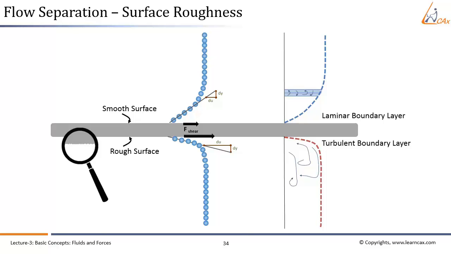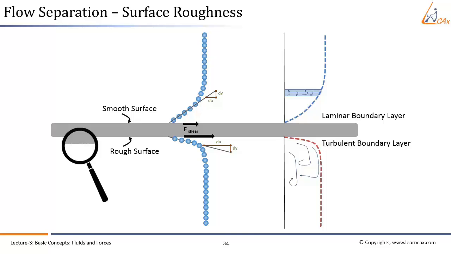Thus, there is an exchange of mass, momentum, and energy on a much bigger scale compared to a laminar boundary layer. As a consequence of intense mixing, a turbulent boundary layer has a steep gradient of velocity at the wall and therefore a large shear stress. But it doesn't let the flow separate from the surface easily. So, in case of a turbulent boundary layer, the flow separation is delayed when compared to a laminar boundary layer.